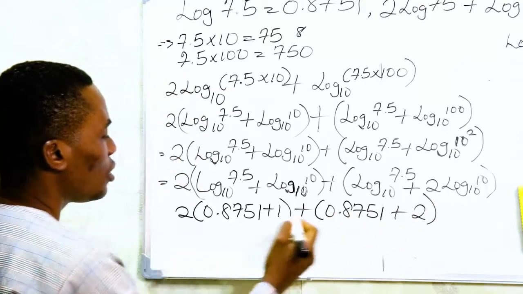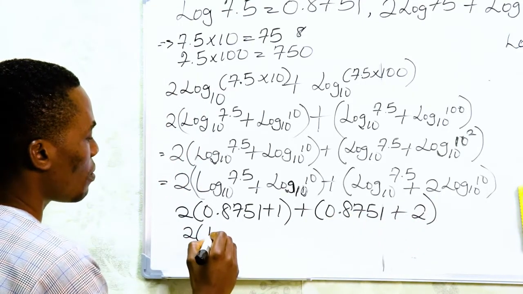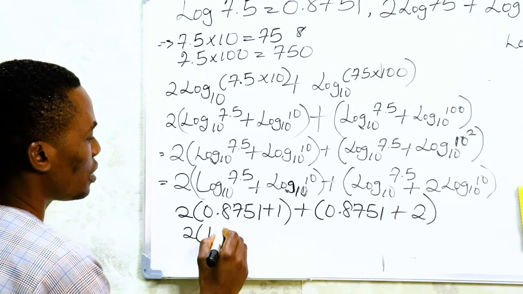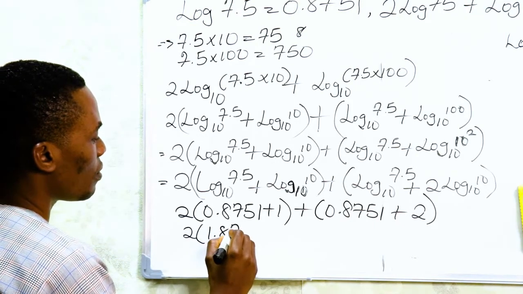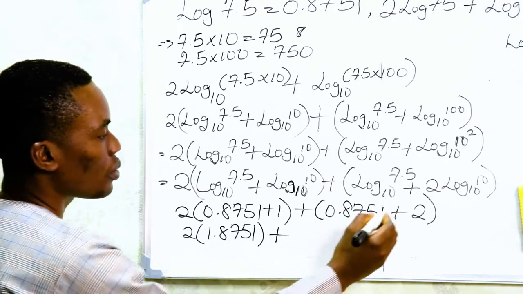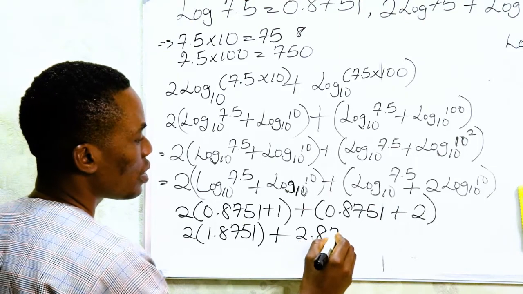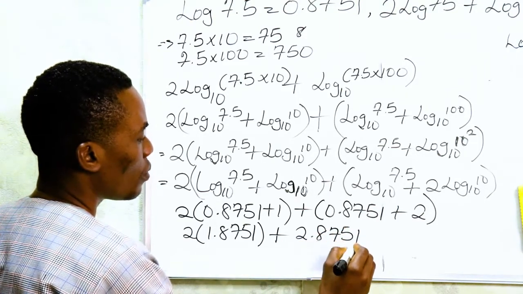So if we add these two together, we are going to have 2 into bracket 1.8751, plus 2.8751.